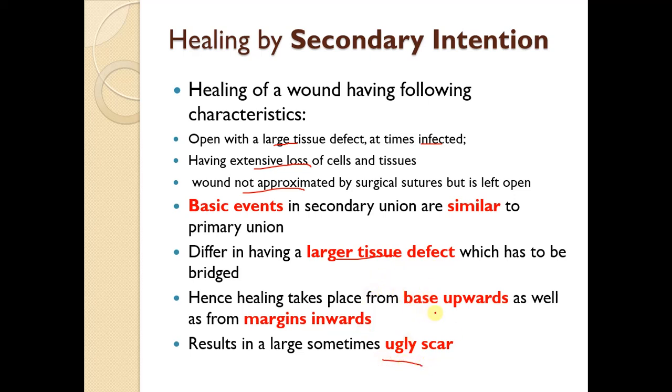Healing will take place from the base, like this is a defective part. Healing will take place upward and from the margin inwards. In this direction, healing has to take place.